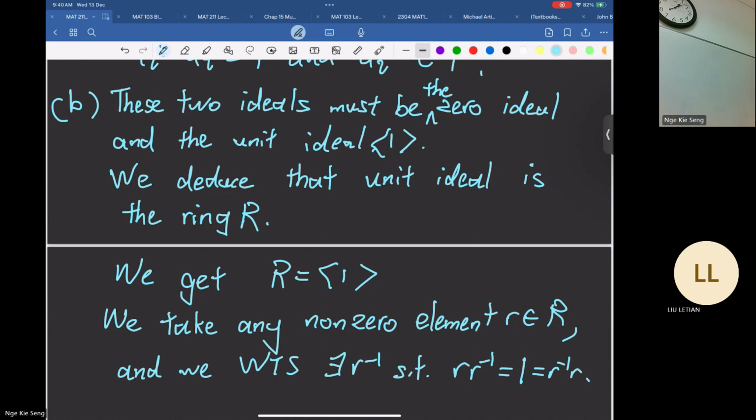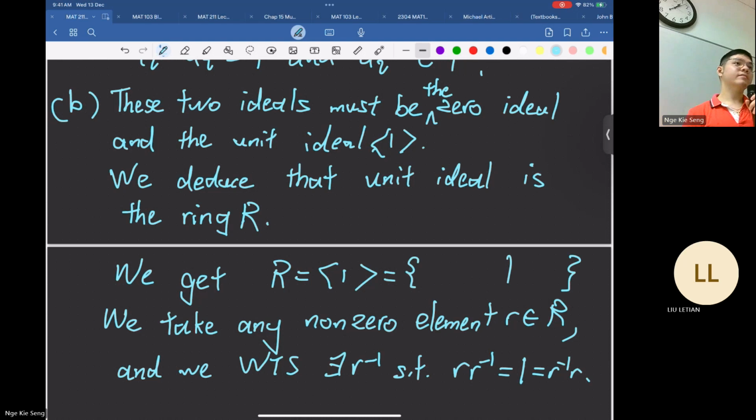Okay, so can we find an inverse such that I multiply it by this r and get the identity? Can I do that, or not? From this piece of information here. What is this piece of information? What does the ideal generated by one mean?